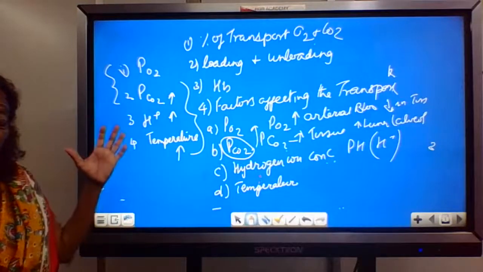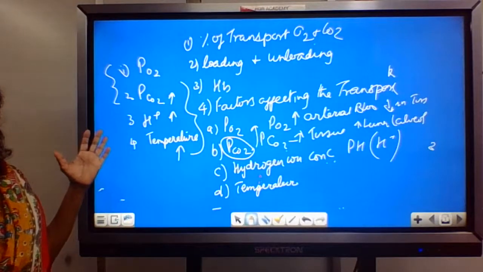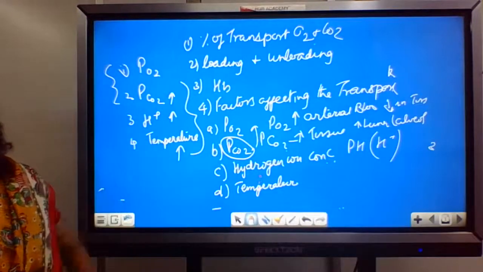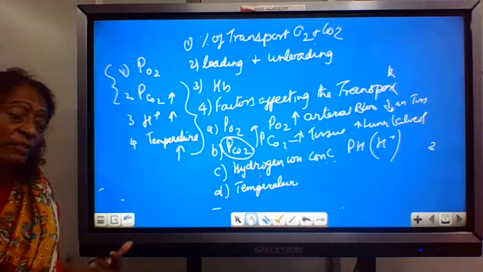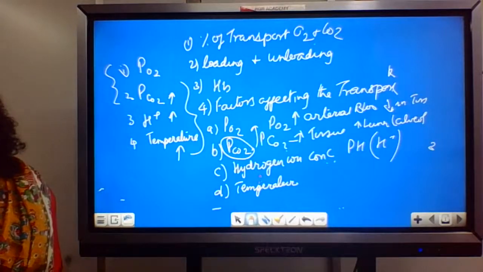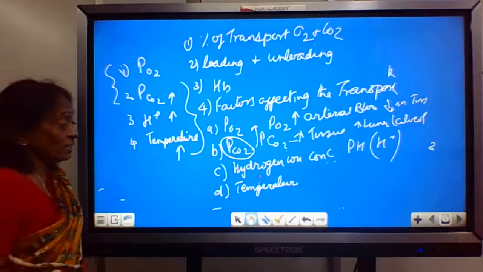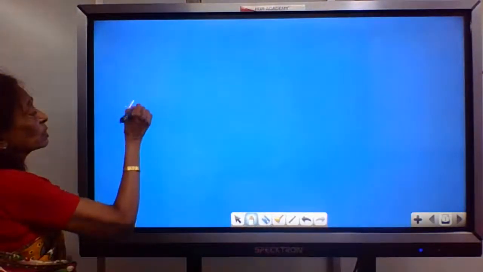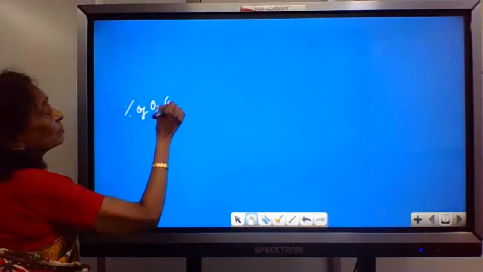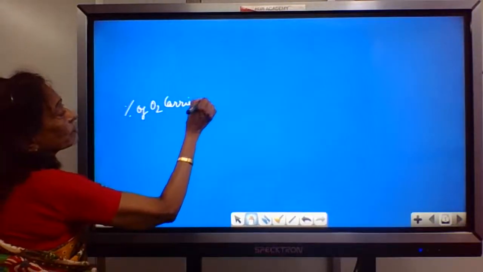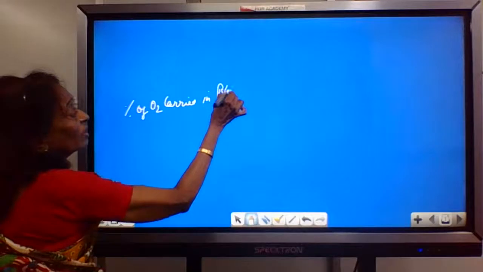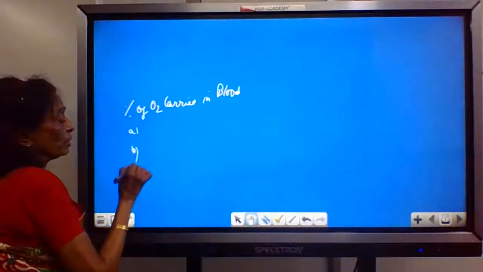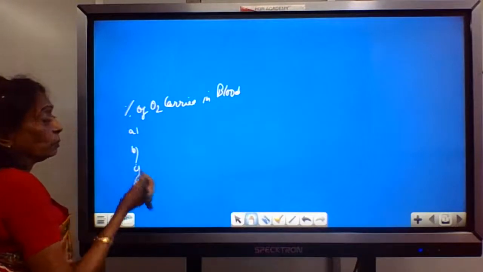Then the percentage of oxygen carried by the blood in plasma. They'll change the value, or they can give you a direct question. The question can be very tricky in a sense: the percentage of oxygen carried in blood, or sometimes in your body generally. They'll give you A, B, C and D and can combine both.